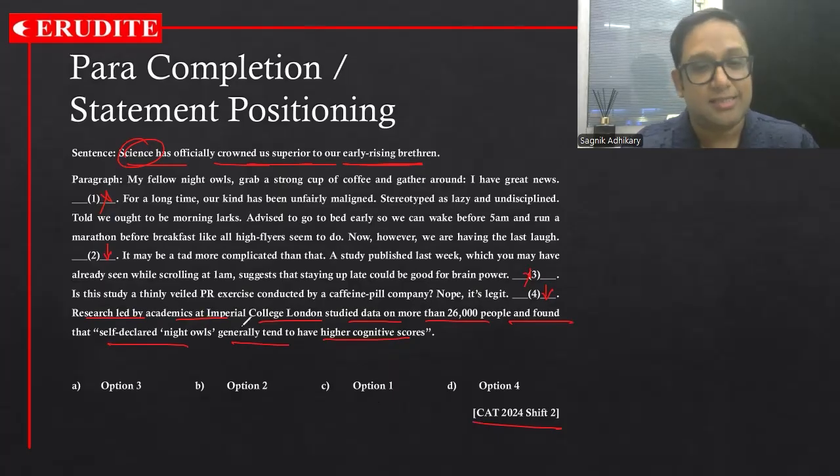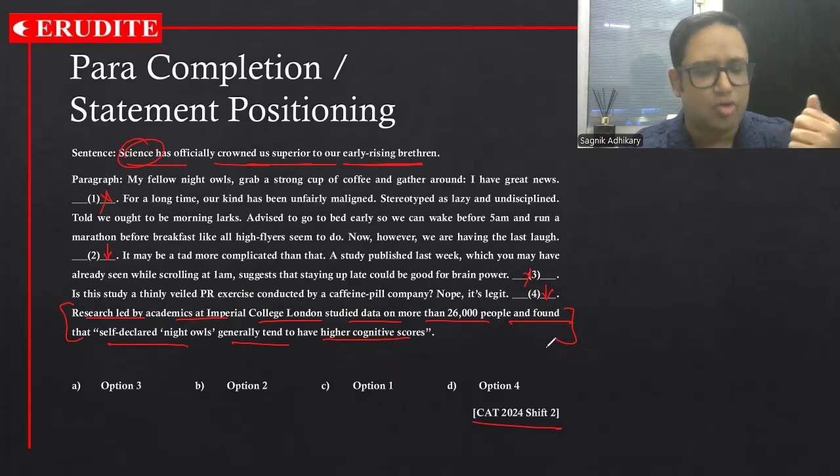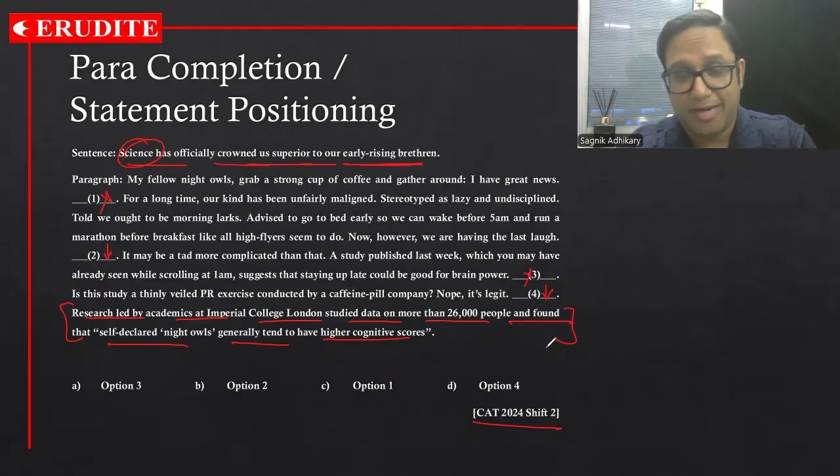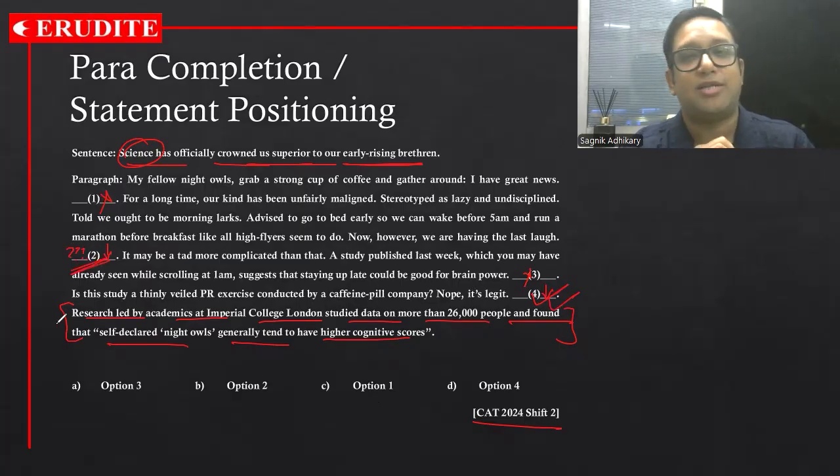So we realize that this gives us some evidence of science proving this point right, that night owls, people who are late sleepers, late risers, might actually be better off, might actually be healthier. But we would realize if we place the given sentence in blank 4, there is a logical gap that remains in blank 2.